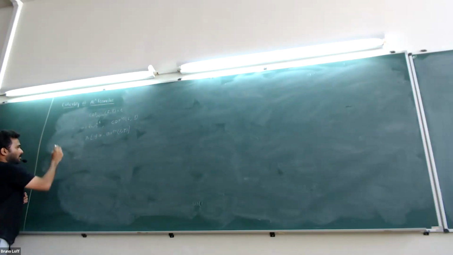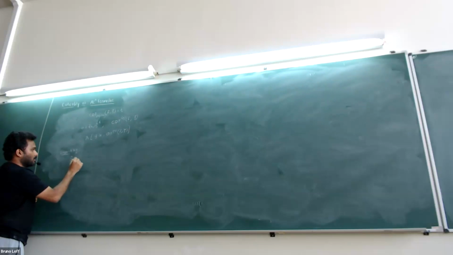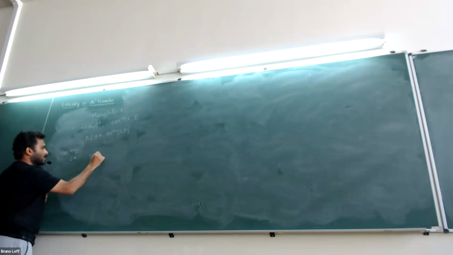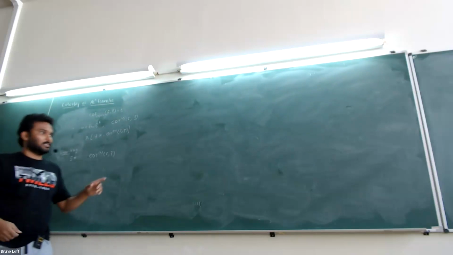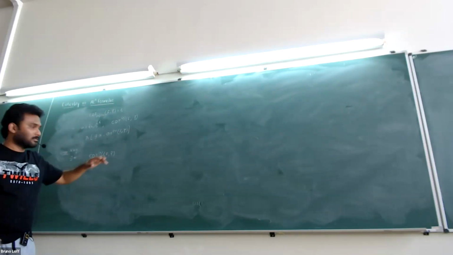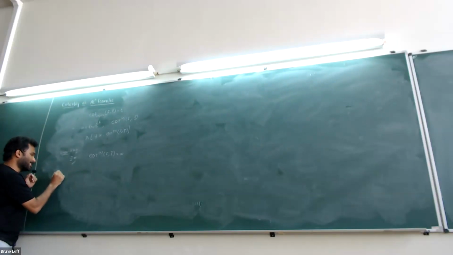Okay, now let's do our unpacking. Suppose there exists alpha, 0 or 1, such that this is a path, or an ordered restriction.